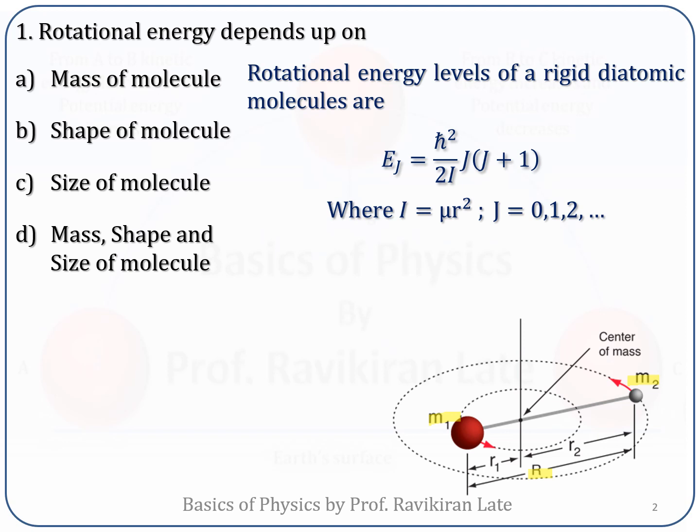Here I is the moment of inertia of these two objects whose masses are m1 and m2, and mu is the reduced mass of the system, given by m1 m2 divided by m1 plus m2, and j is the quantum number which can take values 0, 1, 2 and so on.